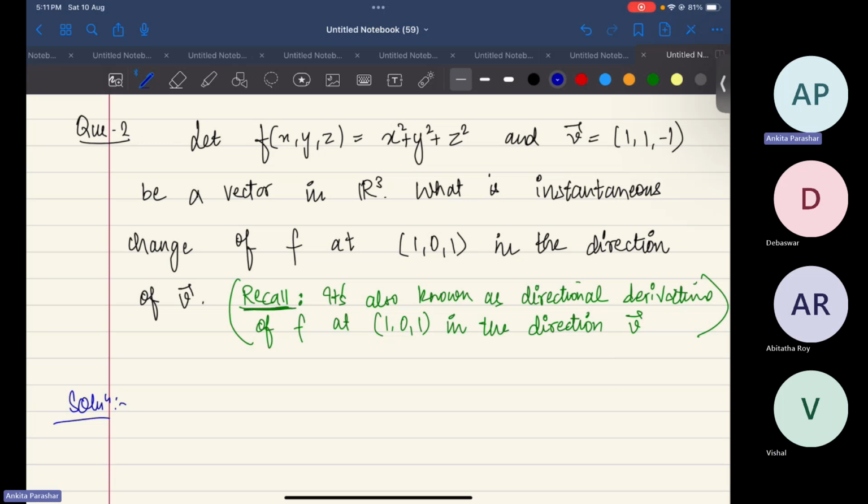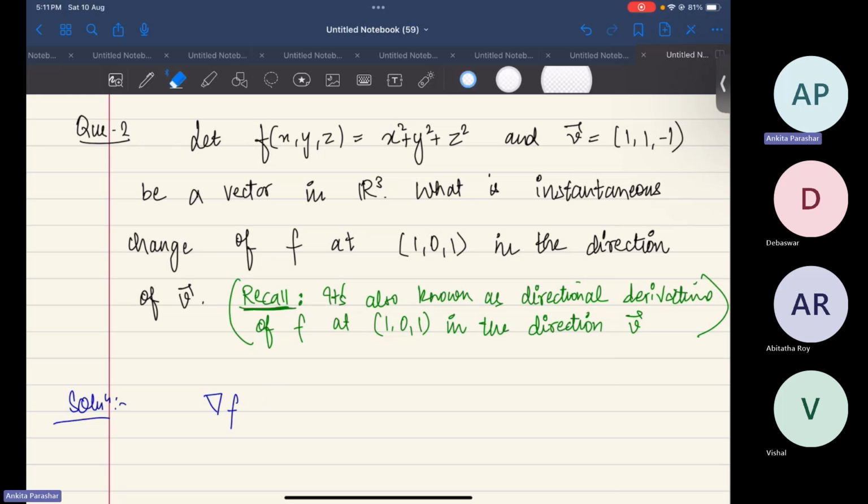If you see the way Sir has defined the instantaneous change, it is exactly the directional derivative at the given point with respect to the direction v. So this is basically del f dot u.